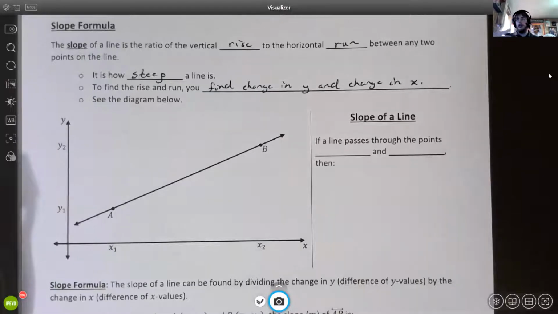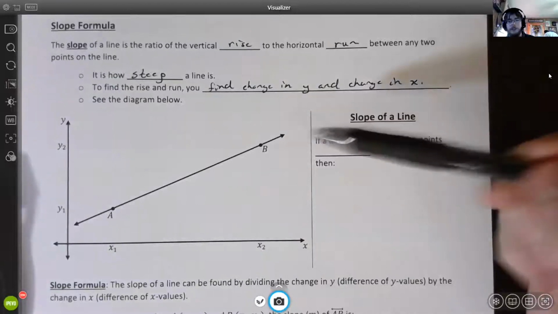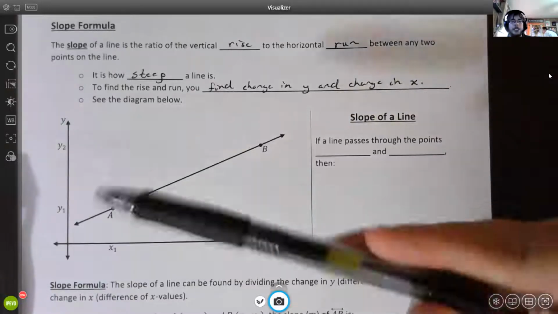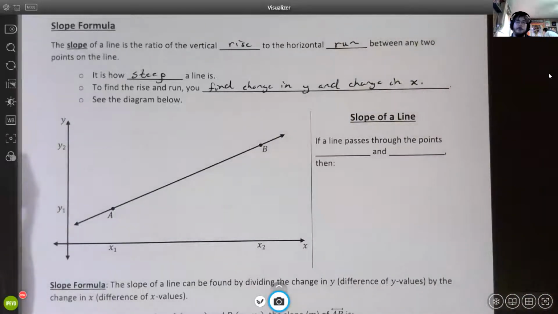When you give a cashier money for your order, whatever they ring you up for, and they give you back change, they subtracted what you owed from the amount you gave them, and that is what you got. So they gave you the difference. Or if you're using the graph, you can find your rise and run by counting the spaces.